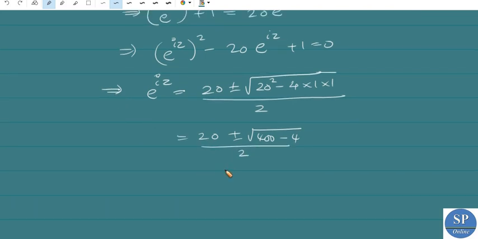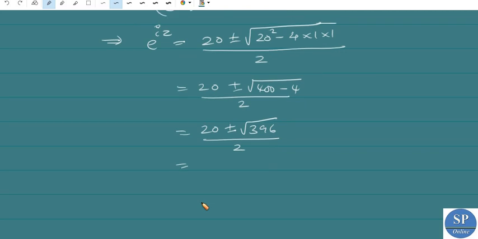Okay, so this is 20 plus or minus square root of 396 divided by 2. So we can write this as 10 plus or minus 3 into square root of 11. Okay, so e power iz is equal to 10 plus or minus 3 into square root of 11.